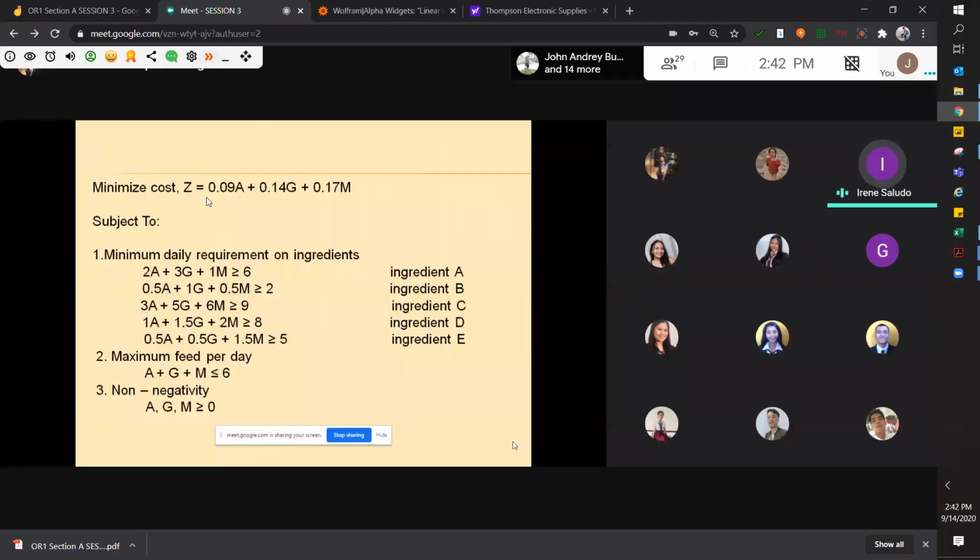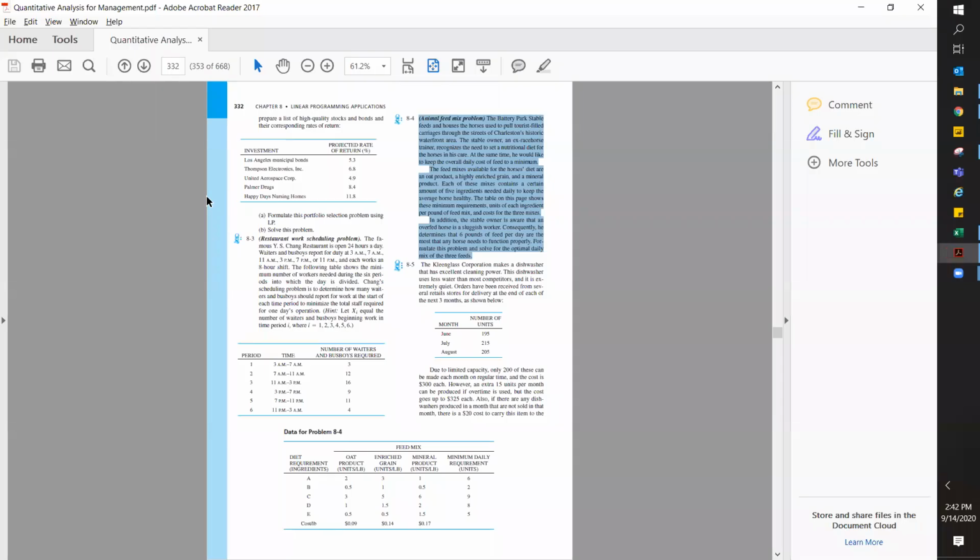Okay, bakit po yung maximum feed per day ay ganyang equation?